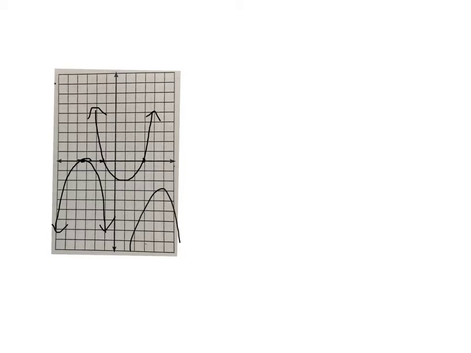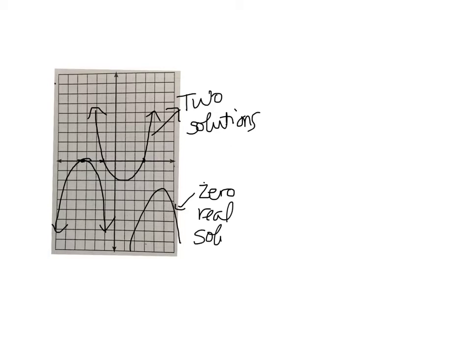And if I drew another one that never crosses the x-axis, it has no solutions. So this one has two solutions. This one has 0 solutions, or no real solutions. And this one is a picture of one solution.